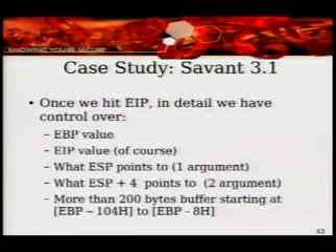So once we hit EIP, in detail we have control over the EIP value, what ESP points to, which is one of the arguments, and what ESP plus 4 points to, which is the other argument. And we have more than 200 bytes of a controlled buffer.